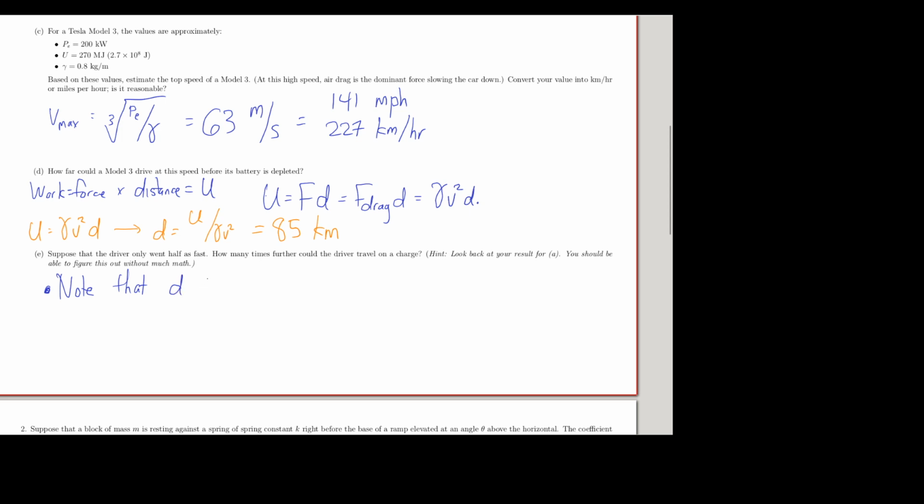Note that the distance was the potential energy divided by gamma v squared.